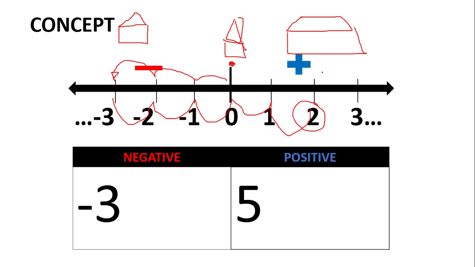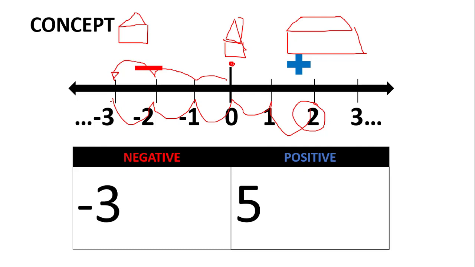Lahat ng nasa right side or yung mga moving forward are positive numbers. And yung mga nasa left side naman, tsaka yung mga going backwards are considered negative numbers. So, we have negative 3 nga. Kanina, naglakad siya ng 3 kilometers papalayo mula sa kanyang bahay. 1, 2, 3.